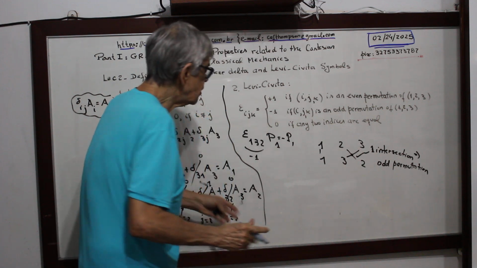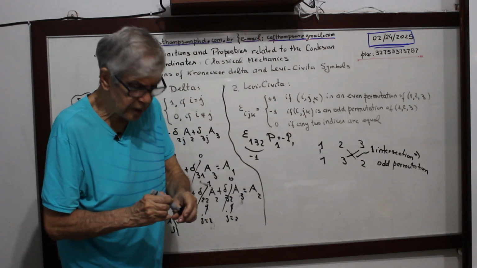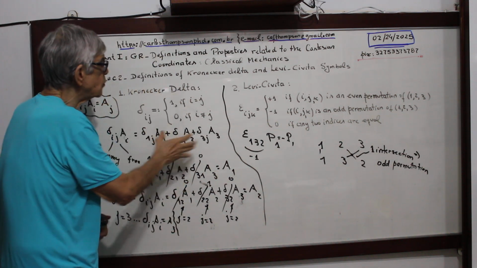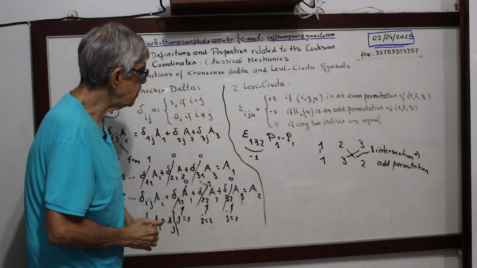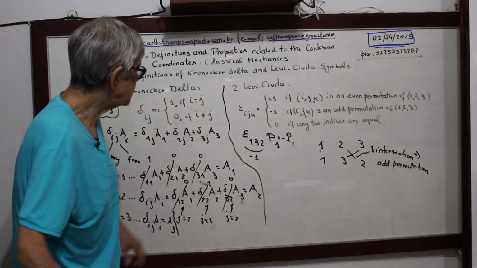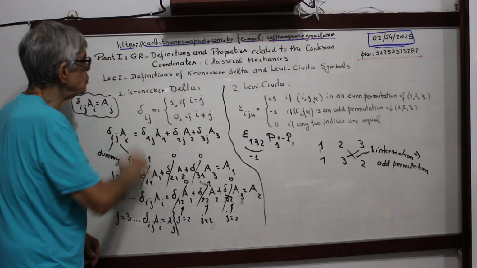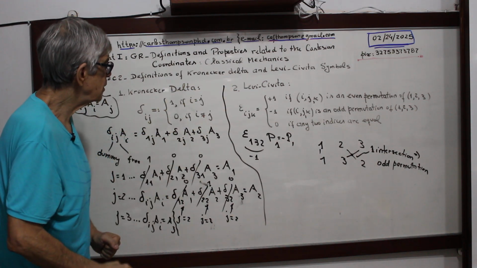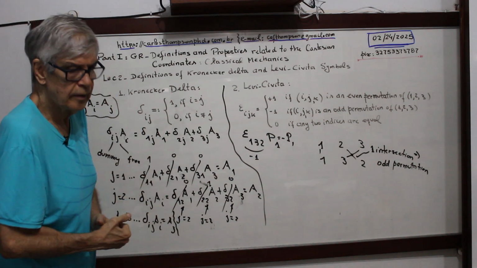You see, later you're going to see other properties and applications of the Kronecker delta and Levi-Civita. Okay? From now, it's okay. This is lesson 2, definition of Kronecker delta and Levi-Civita. You go to lecture 3. Okay?